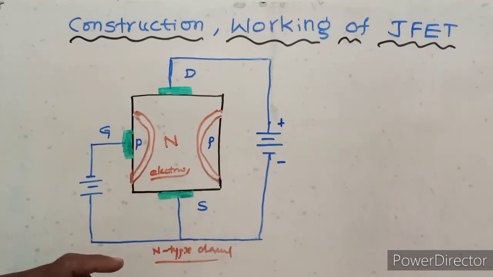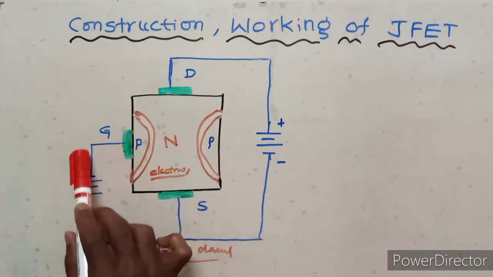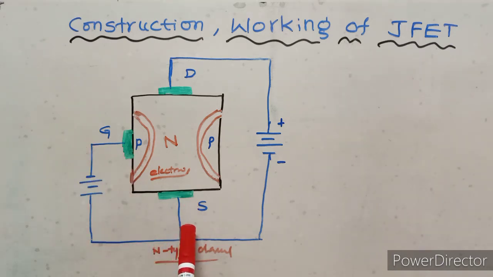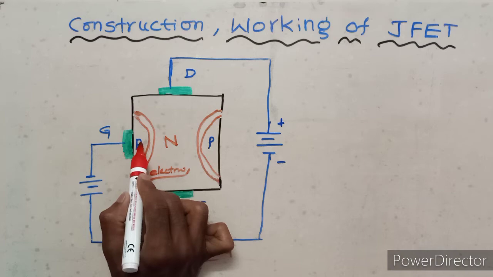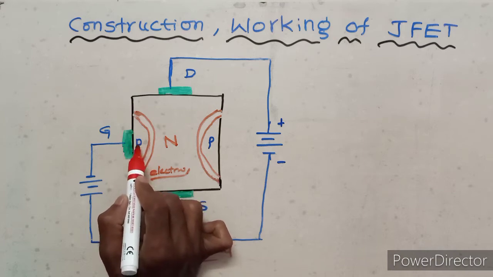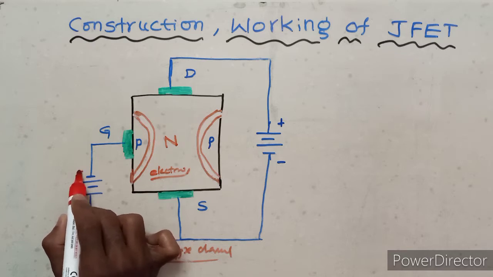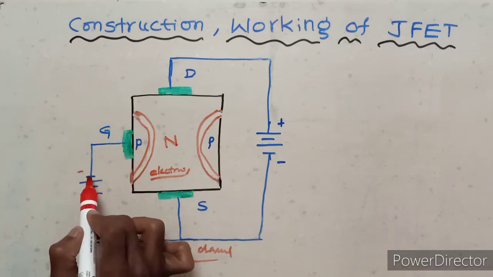Here the voltage between gate and source is reverse biased. This is the P type semiconductor, so it is connected to negative. This is the positive, this is the negative, so this is reverse biased.